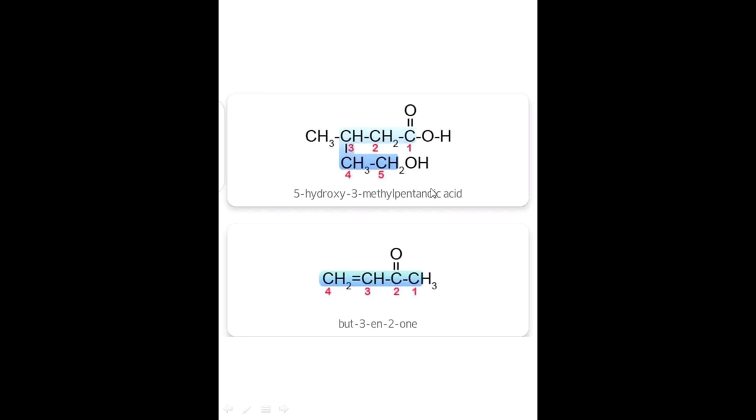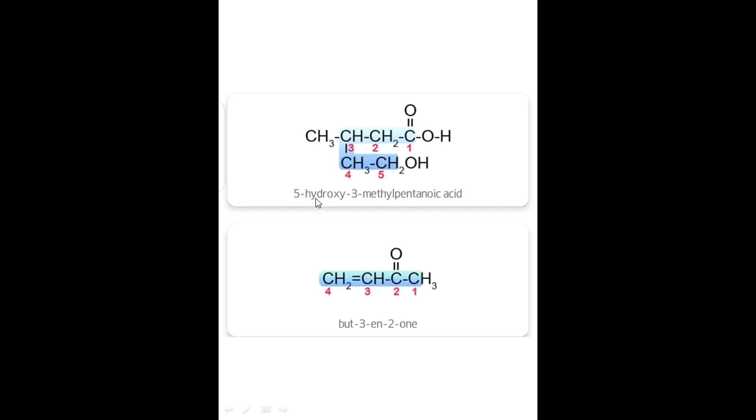Now you show the positions of each of these substituents with numbers in front of them. The hydroxy group is on the 5th carbon, so 5-hydroxy. Then the methyl group is on the 3rd carbon, so 3-methyl.